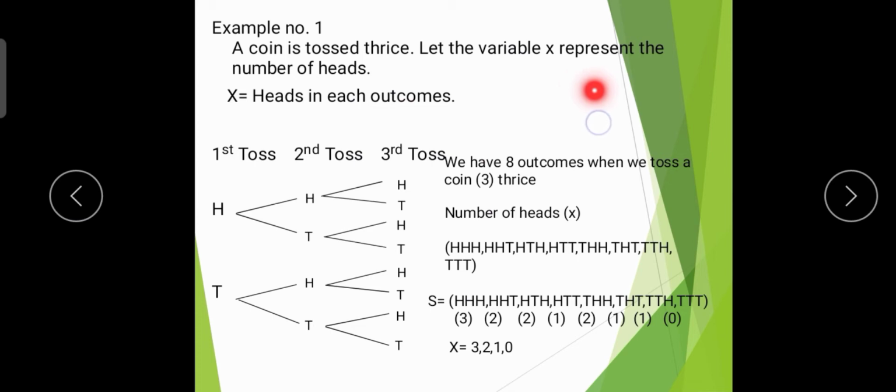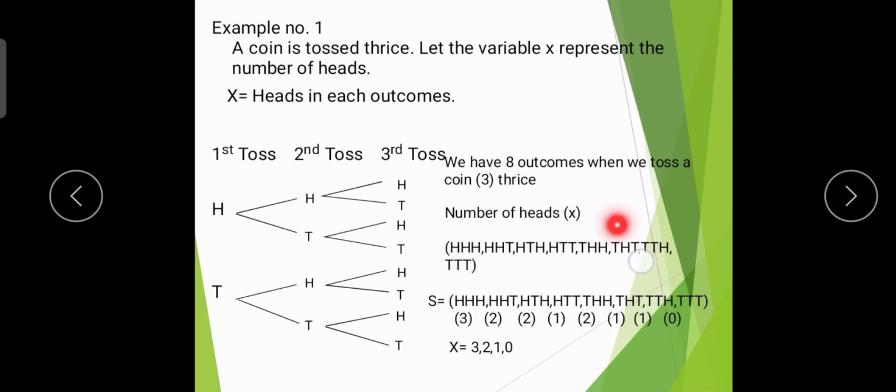So, the number of heads. Kung ilan ba yung nakuha nating heads sa each outcome. So, we have head, head, head; head, head, tail; head, tail, head; head, tail, tail; tail, head, head; tail, head, tail; tail, tail, head; tail, tail, tail.